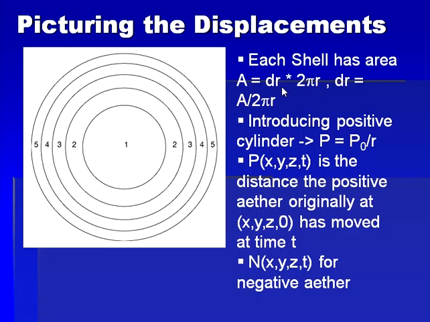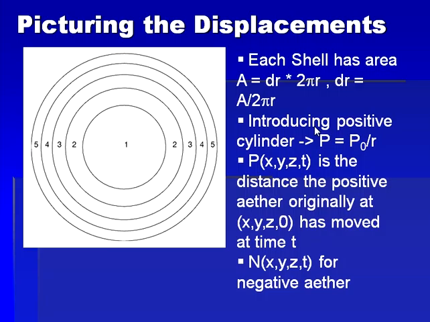Since the area of the cylinder for a small difference in radius, delta r, is 2 pi r times delta r, it can be seen that keeping the area constant means that delta r must be proportional to the inverse of radius. Putting a cylinder of free detached ether into the attached ether thus moves the attached ether radially outward in a way that is inversely proportional to the distance from the disturbance.